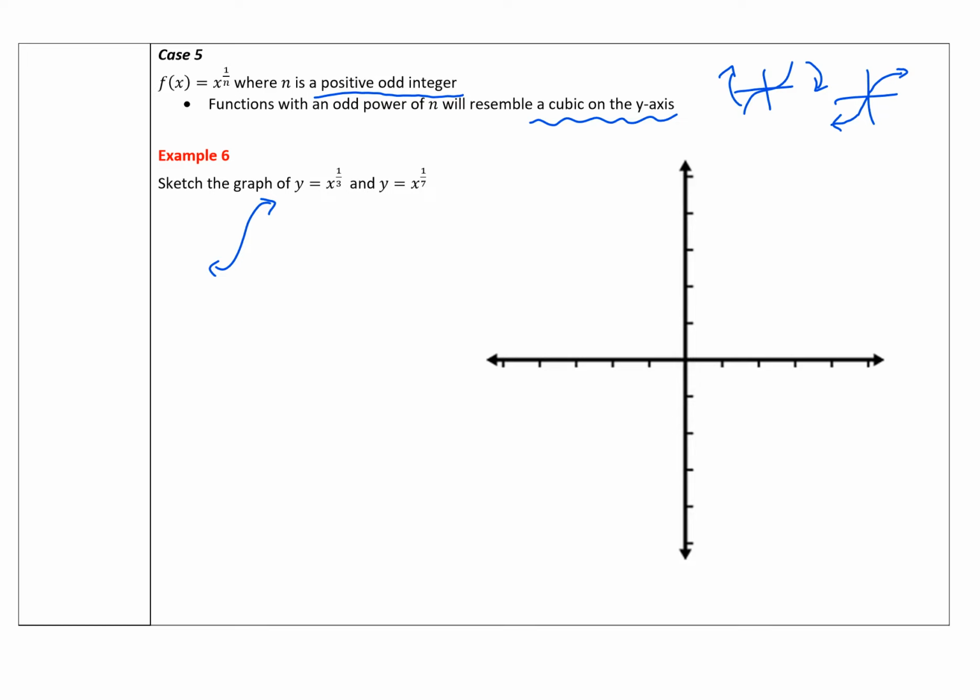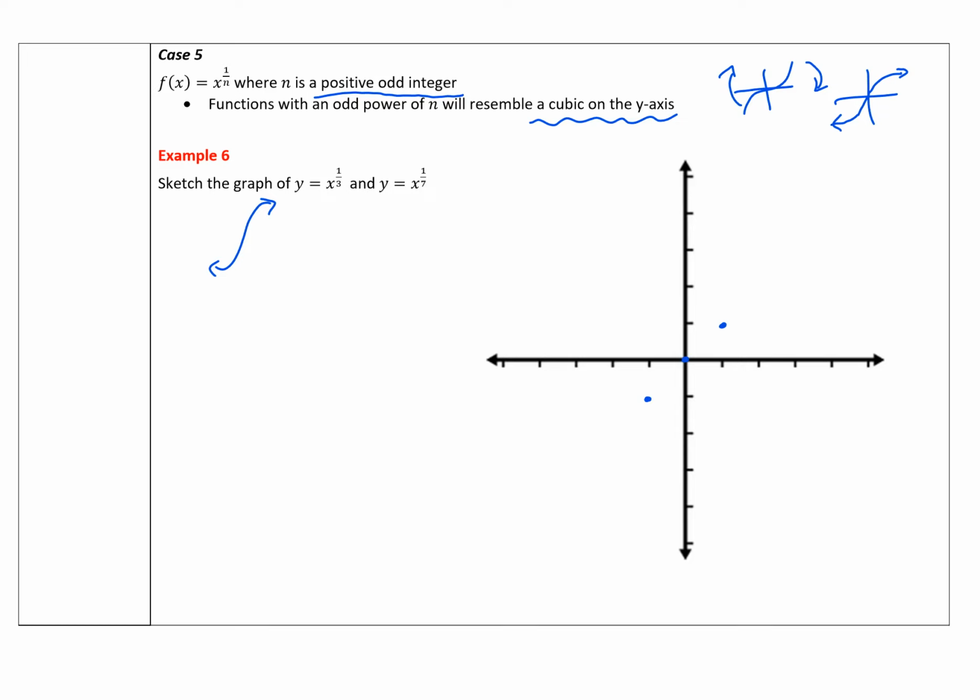Once again, being a square root function or acting very similar to that, we know that we have -1, -1, 0, 0, and 1, 1. You can sub in these values and check them yourself. Let's think about what happens if I sub in a bigger number.